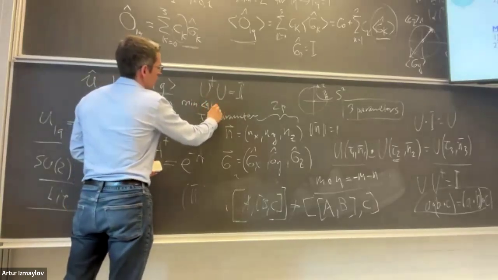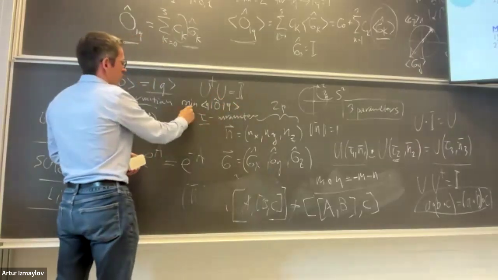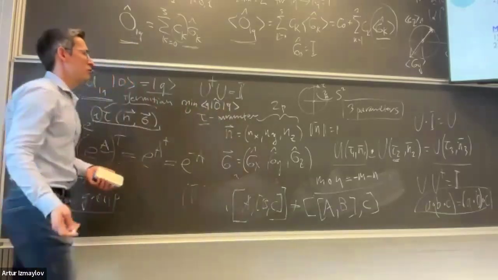So if you have Q here, the expectation value of some operator, and you want to find the unitary rotation that minimizes the expectation value.